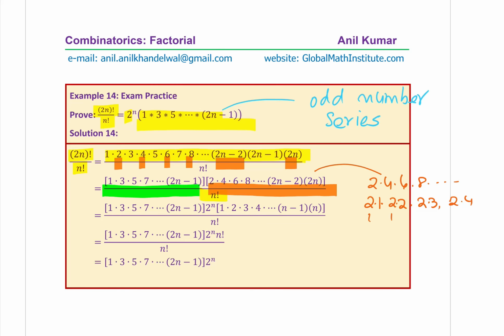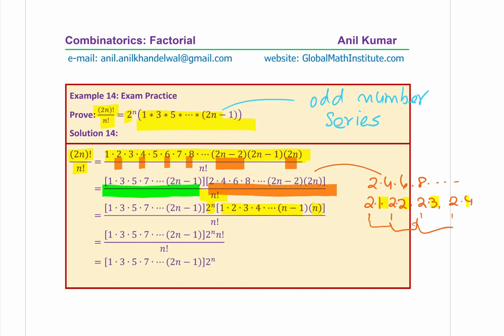So you see how many 2's you have? To the power of n. So what we did was, we took these 2's common and multiplied them. So we get the term 2 to the power of n right there. And what remains is these numbers 1, 2, 3, 4, 5, 6 till n.